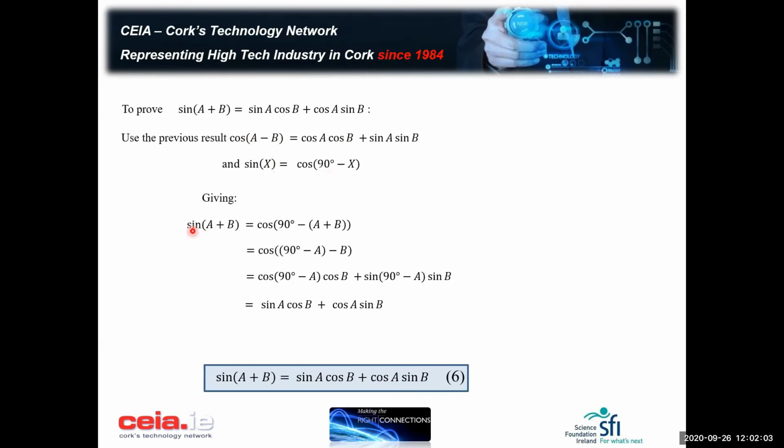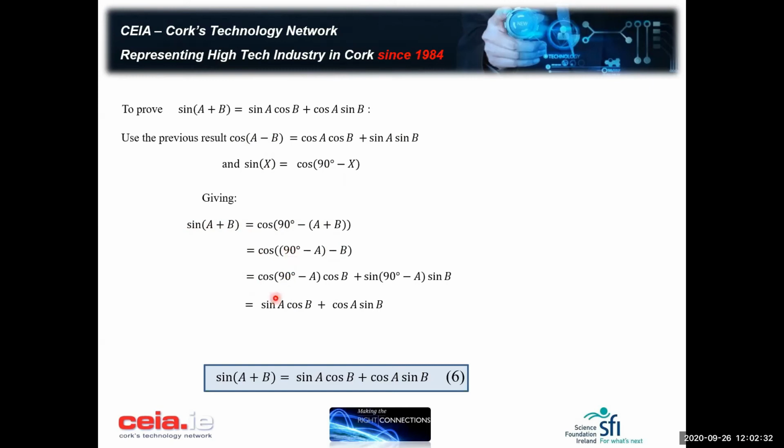Right, so we would like the sine of A plus B. That's what we're looking for. Using this formula, that's equal to the cosine of 90 degrees minus (A plus B). And regrouping terms there, that's the cosine of 90 degrees minus A minus B. And now we can apply the original cosine A minus B formula, the cosine of a difference in angles.